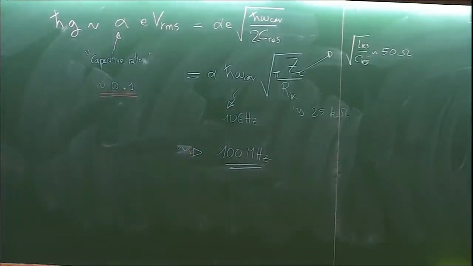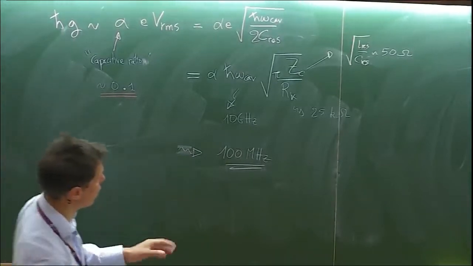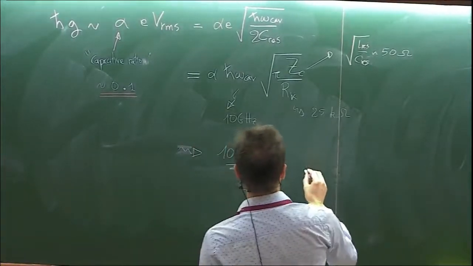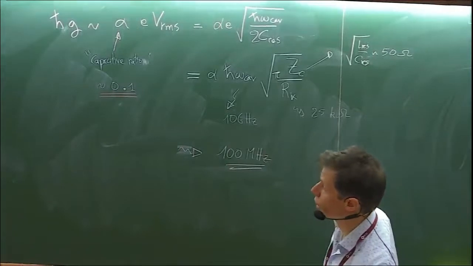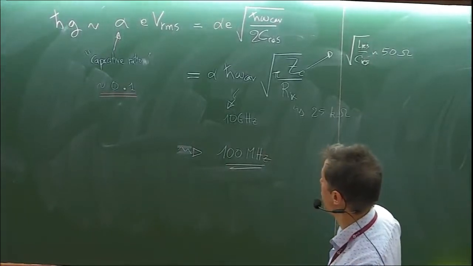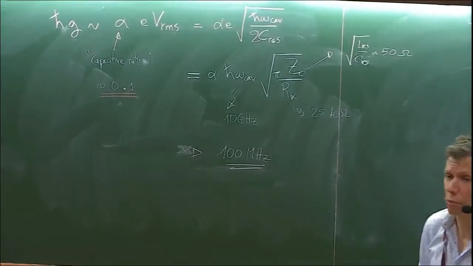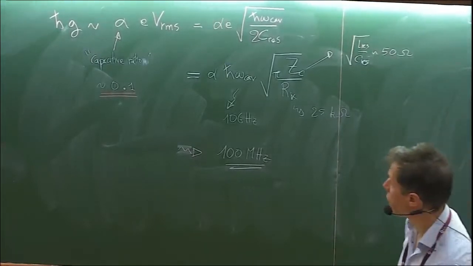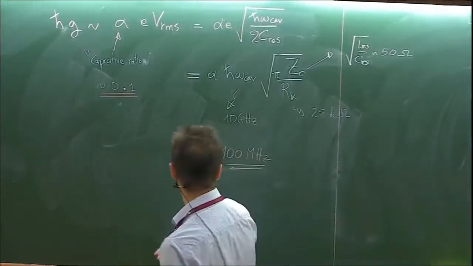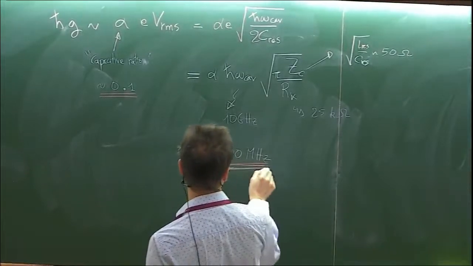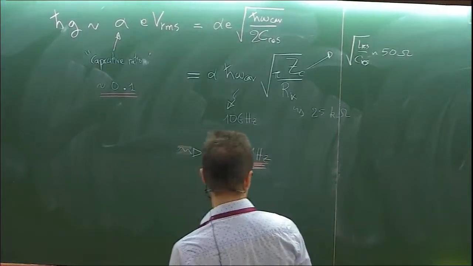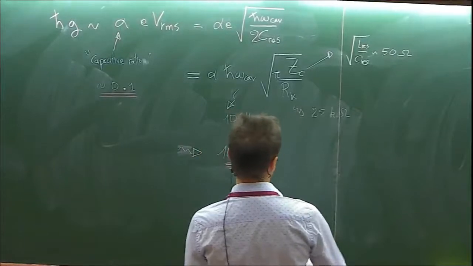So of course, 100 megahertz can be, for example, larger than some relaxation or dissipation mechanisms. So I put it in red here. So it's a large coupling strength here.